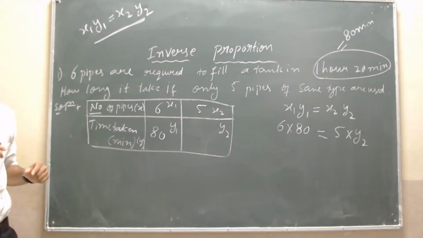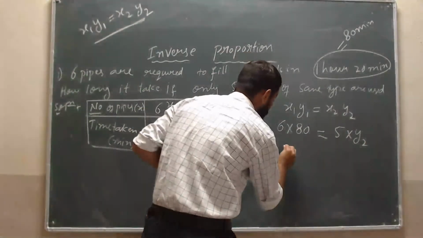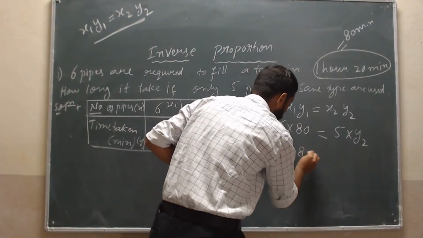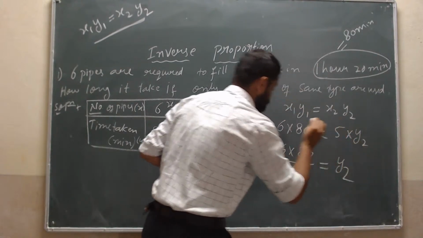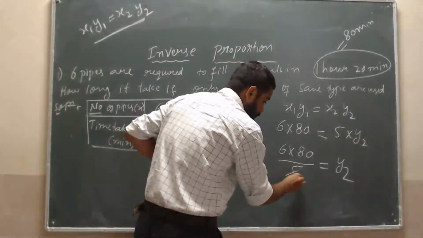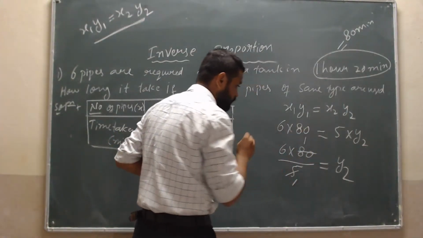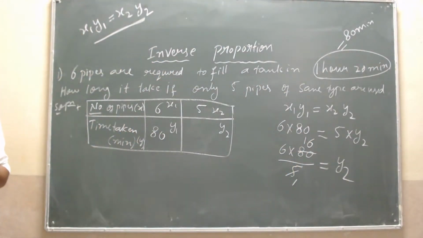Isn't it, children? Then find out the value of y2. Then we will get 6 into 18 divided by 5 is equal to y2. 5 ones are 5, 5 ones are 5, 5 sixes are 30. Isn't it? Yes, students.